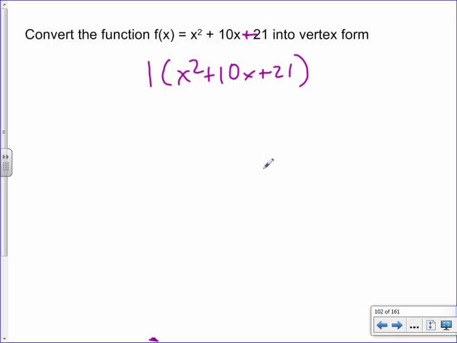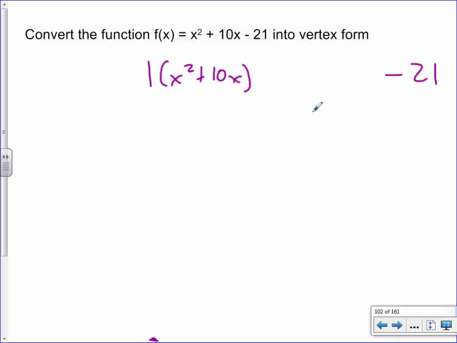But factoring out 1 is pretty bland. So, actually, I should be more specific. When you factor out the 1, you only factor out the 1 from the first two terms, because that 21 has to sit way over on the far side. We actually want to separate that 21 way over here.